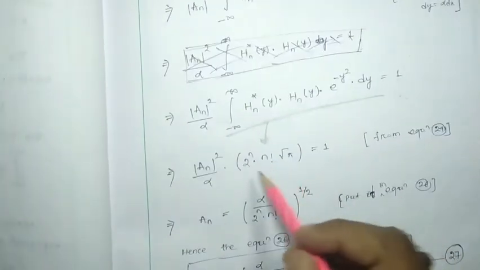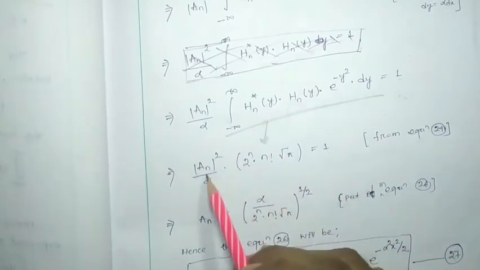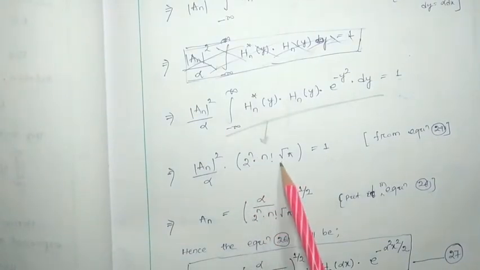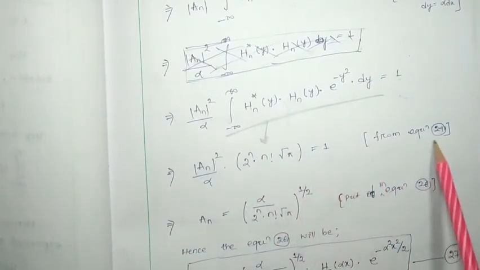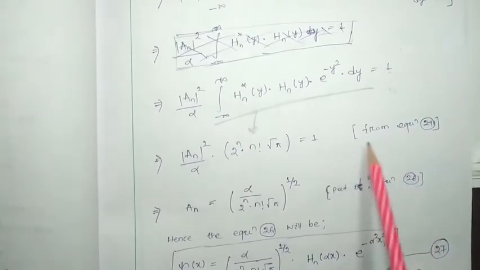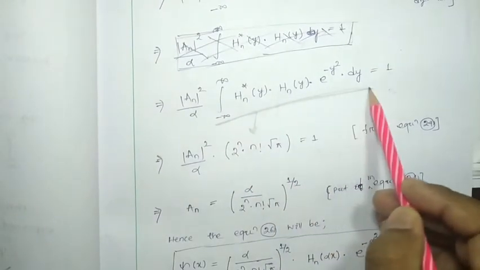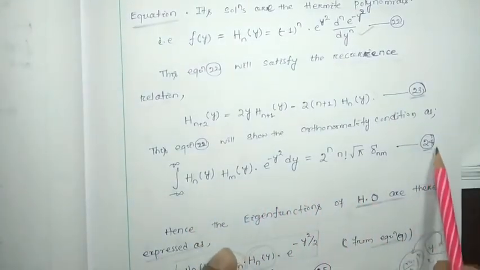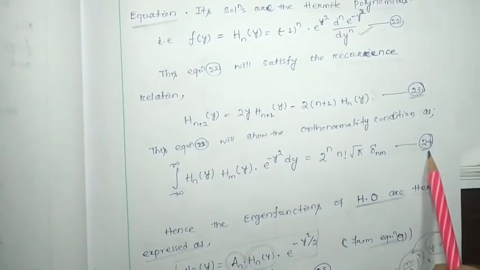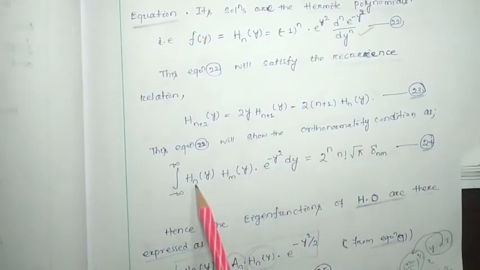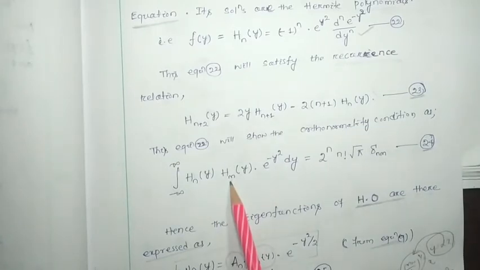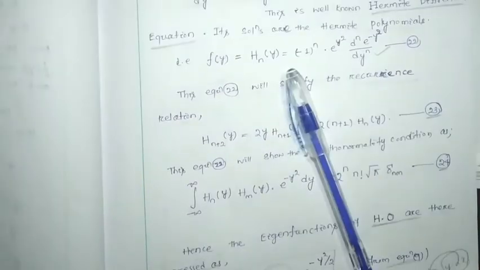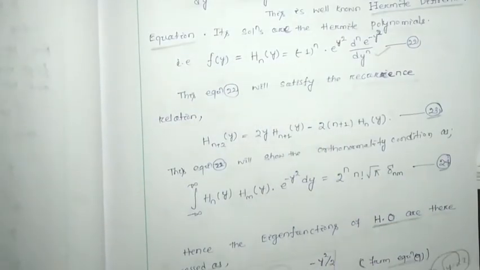So this will be equal to 1: mod An square by alpha into 2 to the power n factorial root over pi equal to 1. From equation number 24, which is the orthogonality condition, wait, I made a simple mistake here.